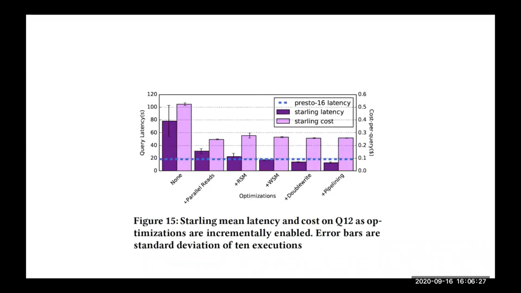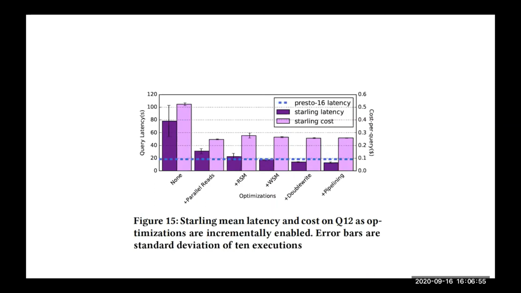And finally, this one shows all the optimizations and the latency benefits from those optimizations. The first one is no optimization for Starling, and the blue line is basically the latency provided by Presto with 16 workers.